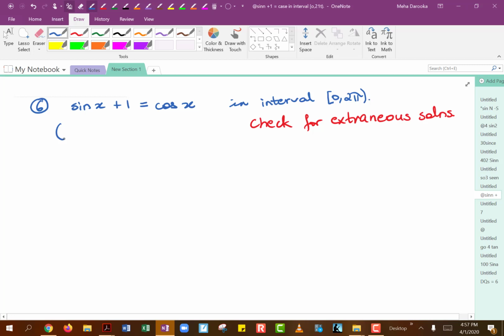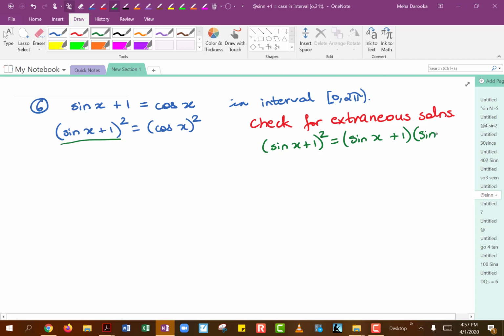So this is where we're going to start by taking both sides of our equation and squaring those, right? So square both sides of our equation. Now remember, on the left hand side we're going to need to do a FOIL here. So let me show you what this will be. We are taking sine of x plus 1 to the second power, and we need to do a FOIL with that. So we're going to do sine of x times sine of x, which will give us sine squared of x.